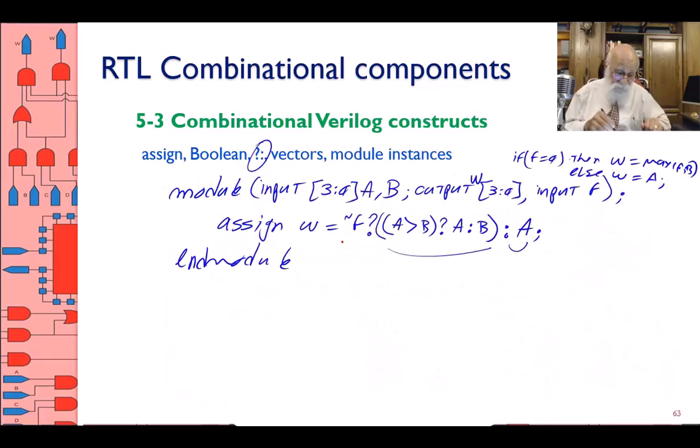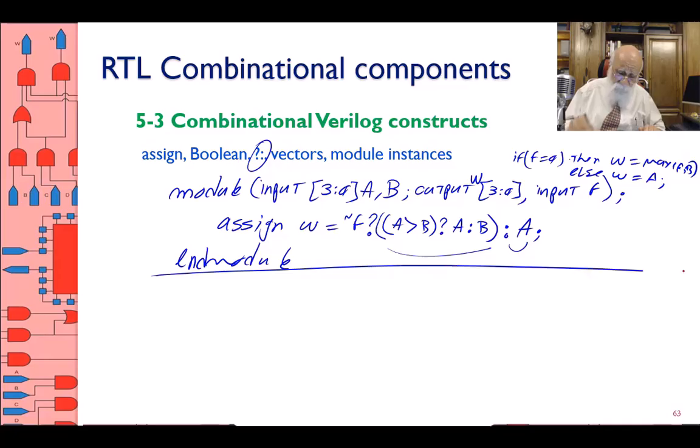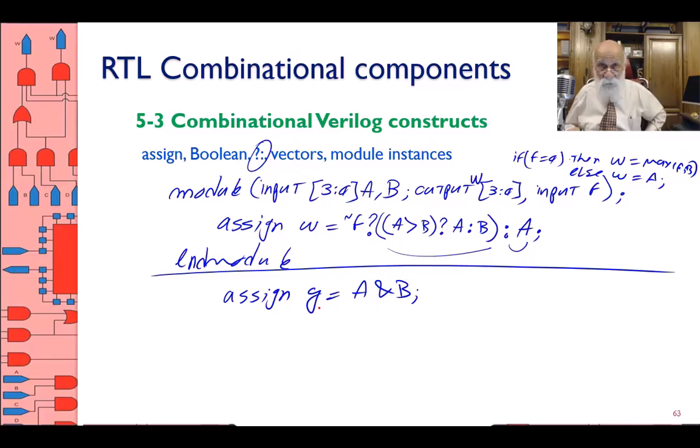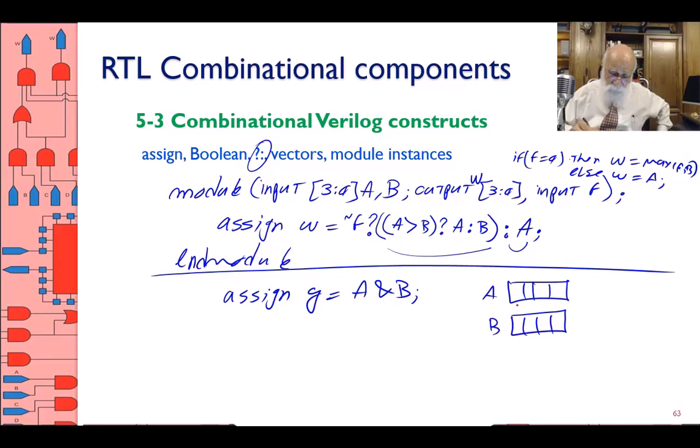If I say, for example, let's do another one, assign Y equal A and B, it means that Y is 4 bits and A and B are each 4 bits, and bit by bit, A and B will be ANDed, these two, and come up with Y, these two, and so on.